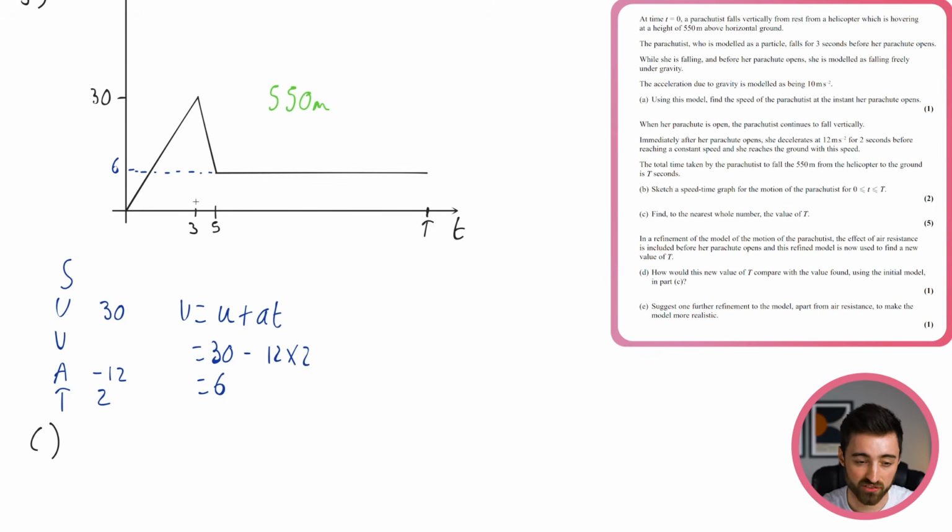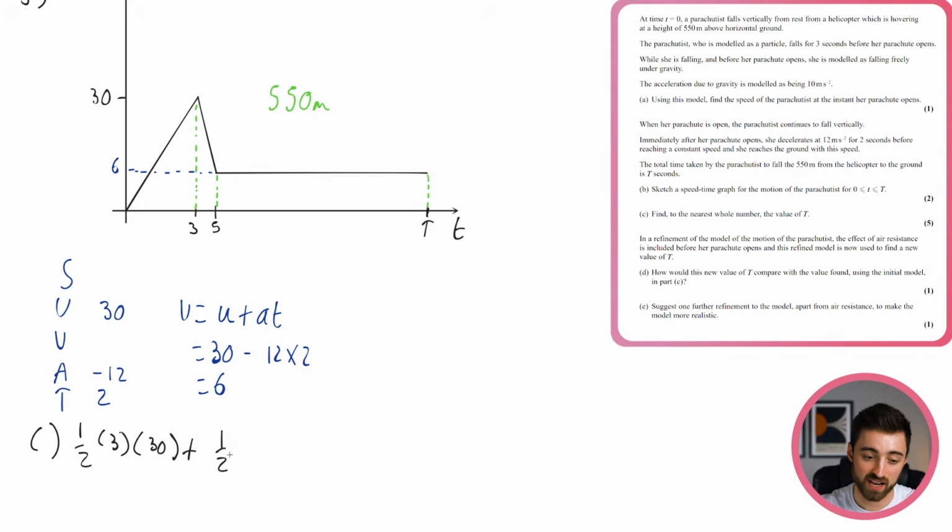So it's really just three bits of motion. This chunk, which is a triangle, this chunk, which is a trapezium, and this chunk, which is a rectangle. So the first chunk is going to be half base times height, right? So it's going to be a half times base, which is 3, times height, which is 30. And then this is a trapezium.